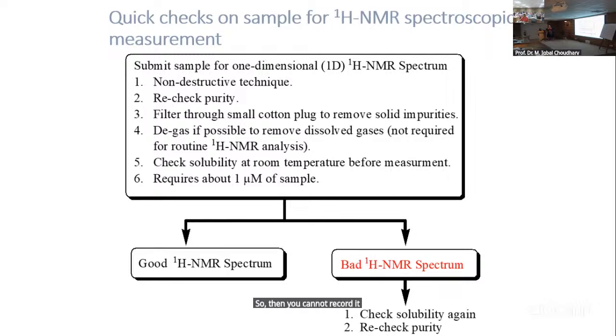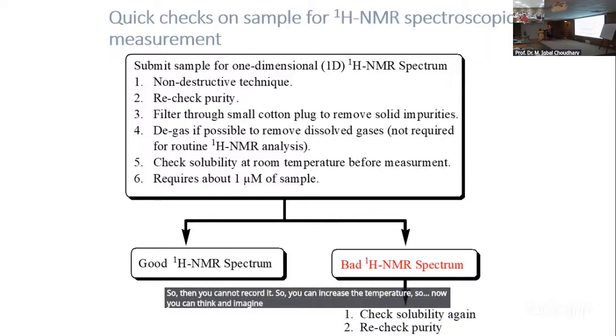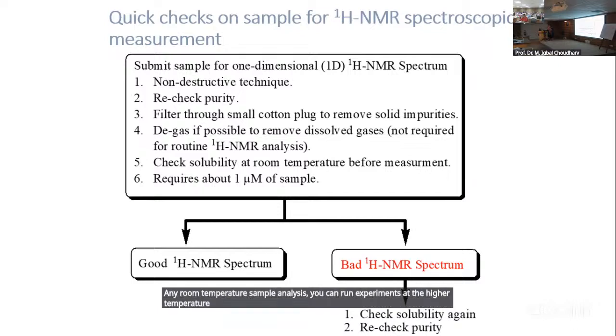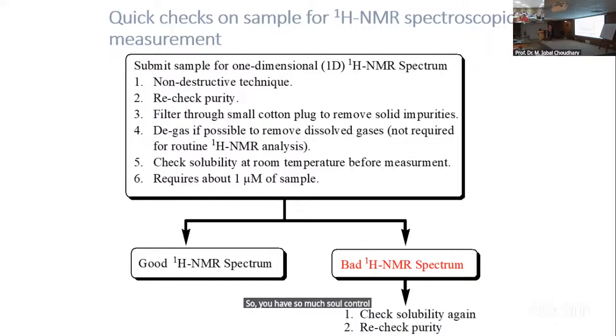Now you can imagine the kind of technology it has. It is minus 269 degrees Celsius, and just a centimeter away, you have so much control that not only can you analyze any room temperature sample, you can run experiments at a higher temperature, and you can decrease the temperature as well. So you have so much control. No other technique gives you that much control.